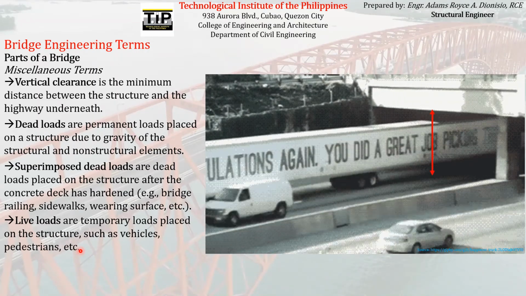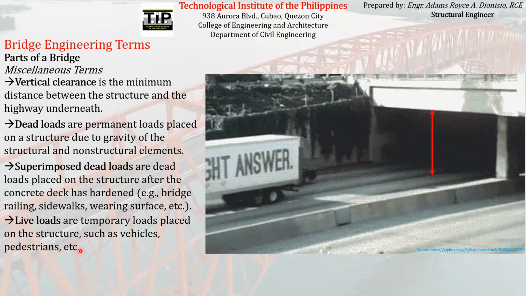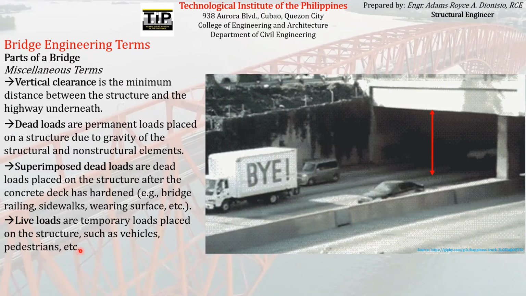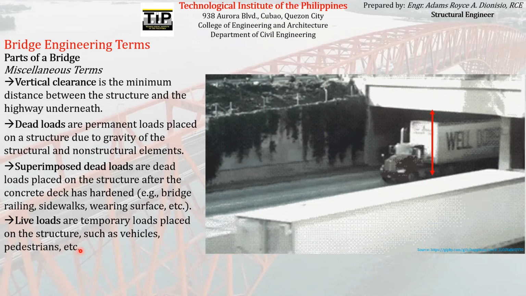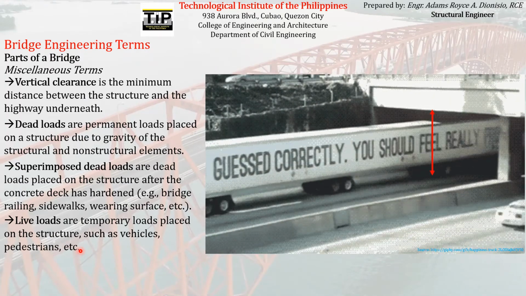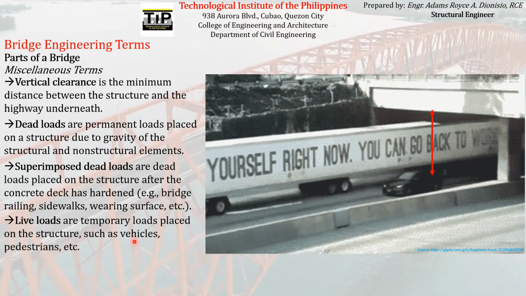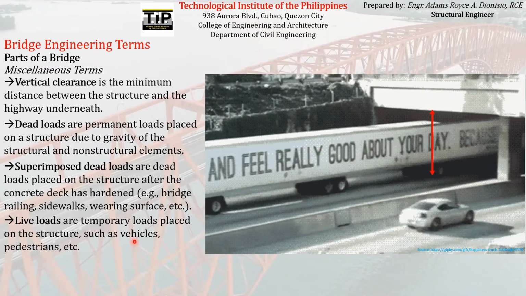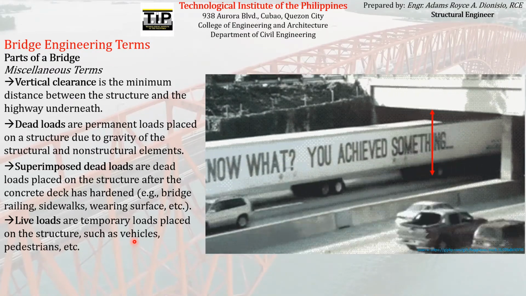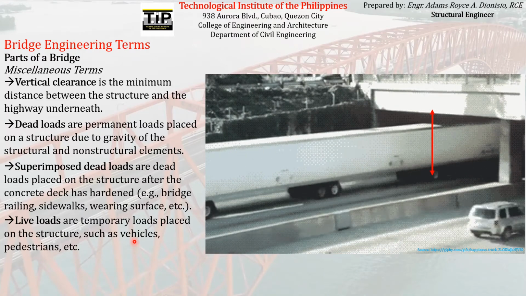In other words, they are not permanent in position with respect to our bridge. Some examples of live loads are vehicles. Obviously, vehicles change in position as they travel along our bridge, our roadway.